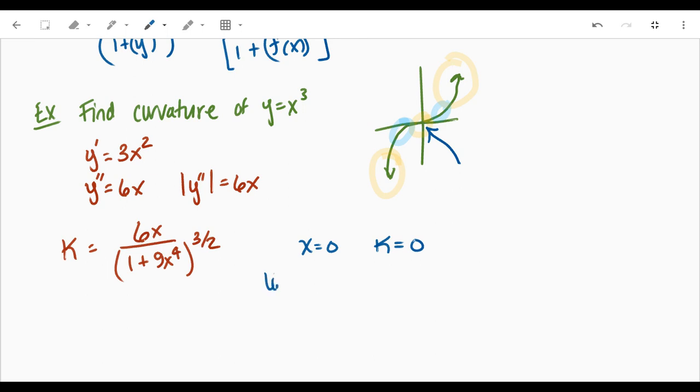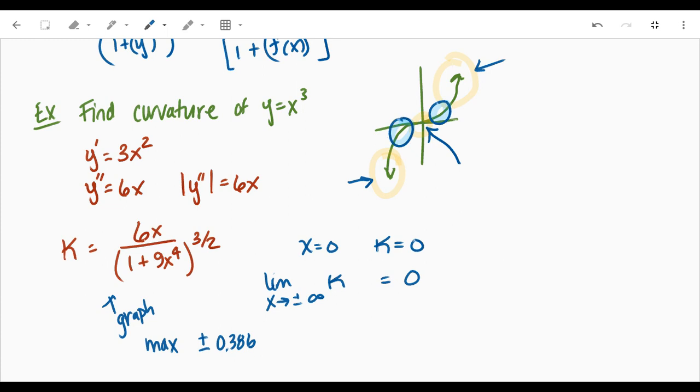Another thing to notice is that the limit as x goes to positive or negative infinity of the curvature is also 0, because that denominator just blows up. So that's where we're getting those ends there with no curvature. If you were to graph this, it has maximum values at positive and negative 0.386. Those are the spots right here and here where we're going to have maximum curvature. So definitely mess around with graphing those and getting a good look at them.